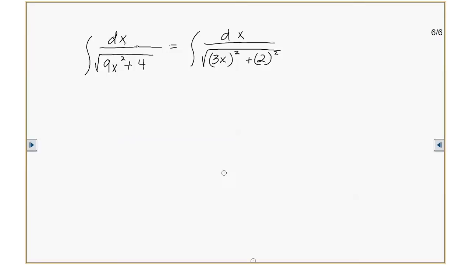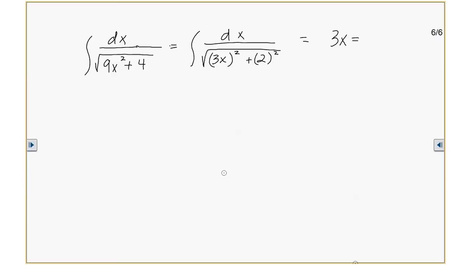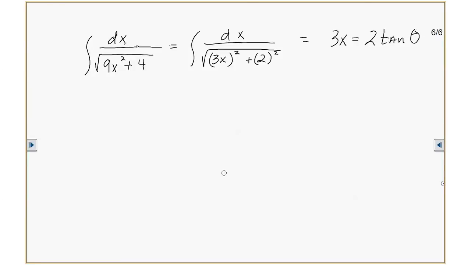So we have the variable squared, and we have the number squared. So isn't that the tangent? 3x is equal to tan theta. Now you need to look at that and make sure you understand how I got it.